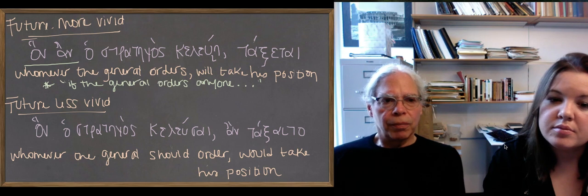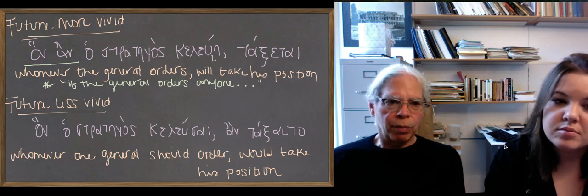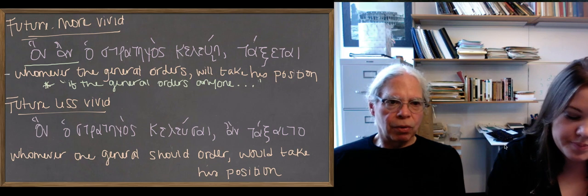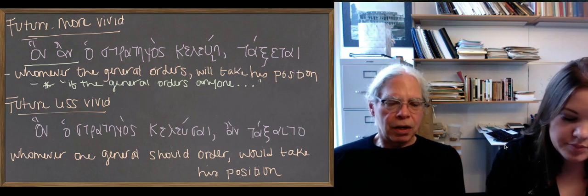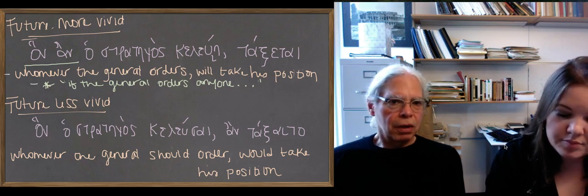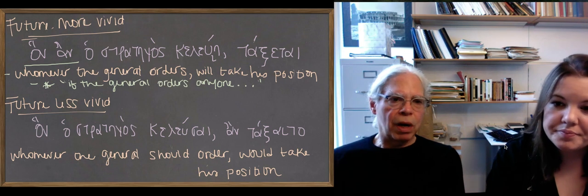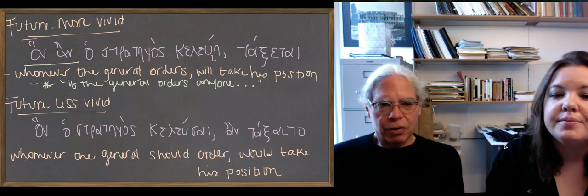So to translate the whole thing, whomever the general orders, again, we're trying to use this generalizing form of the relative, or if the general orders anyone, he will take his position. In this case, it's masculine because we used hon.